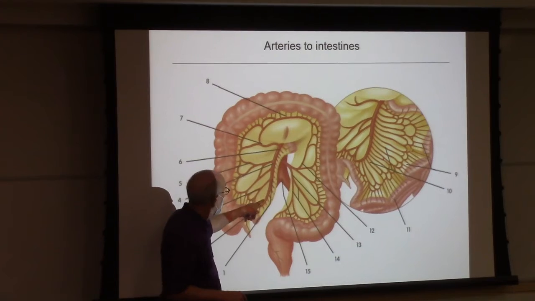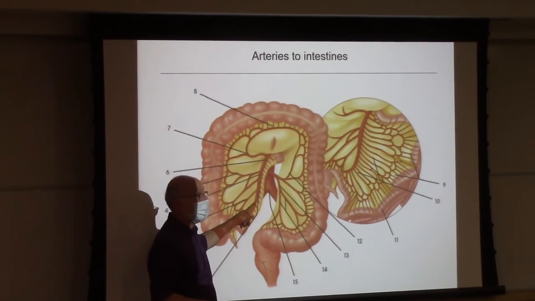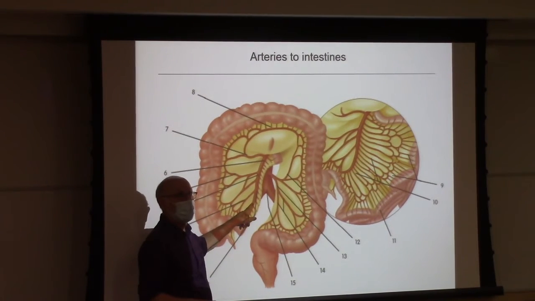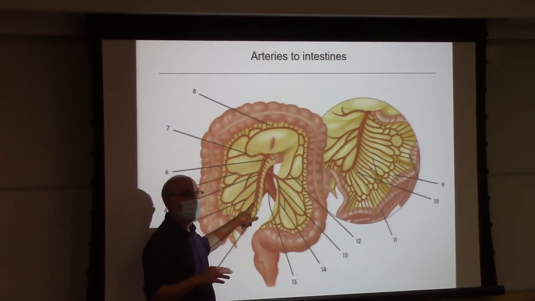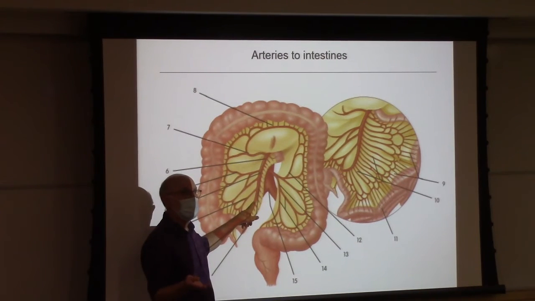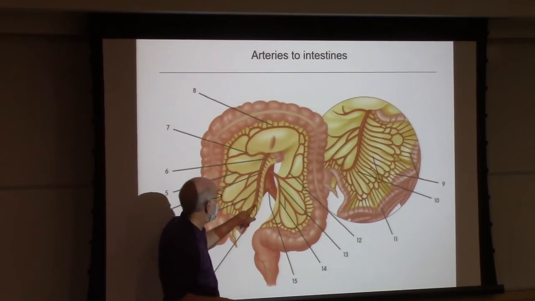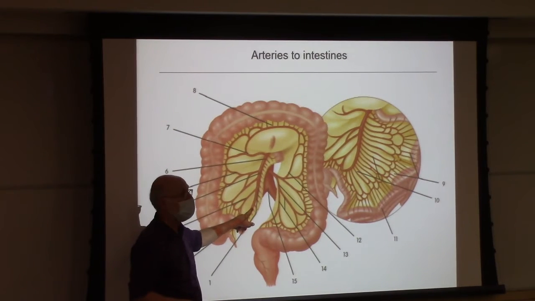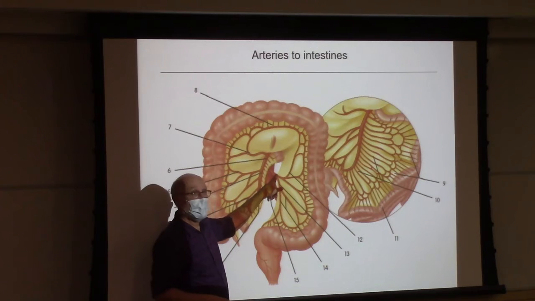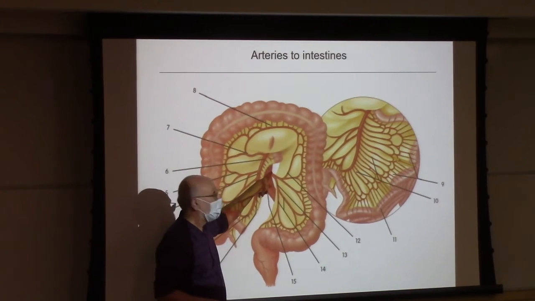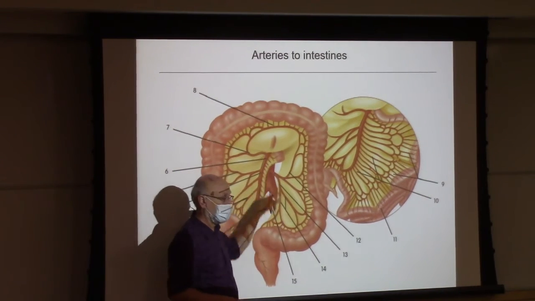What's the name of this artery right here? Close, not upper, but superior mesenteric artery. This is the superior mesenteric artery. What is this one? Inferior mesenteric artery.